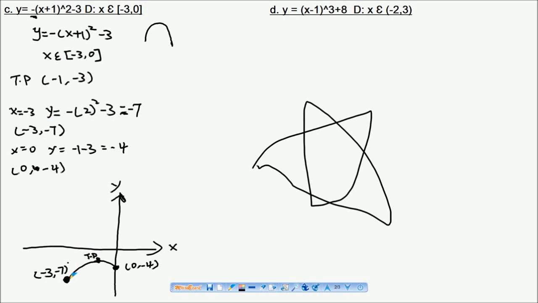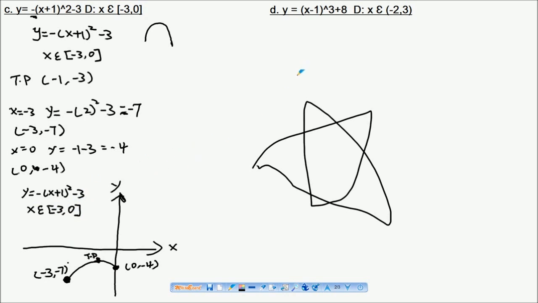So we use a dark, full circle to represent it. And now we have to label the graph. Y equals minus (x plus 1) squared minus 3, and the domain is x belongs to the square bracket from minus 3 to 0. Okay.